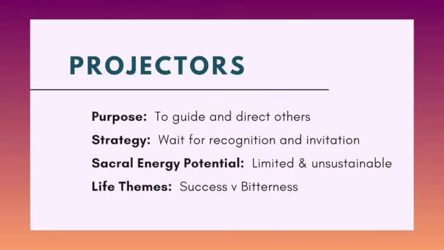Now, here's something interesting. Our energy potential is limited and unsustainable. That means we need rest. We don't work like generators. We are invited by generators to help them and support them, and that is the extent of our work. And once we're done, we go rest and wait for the next one to ask us.